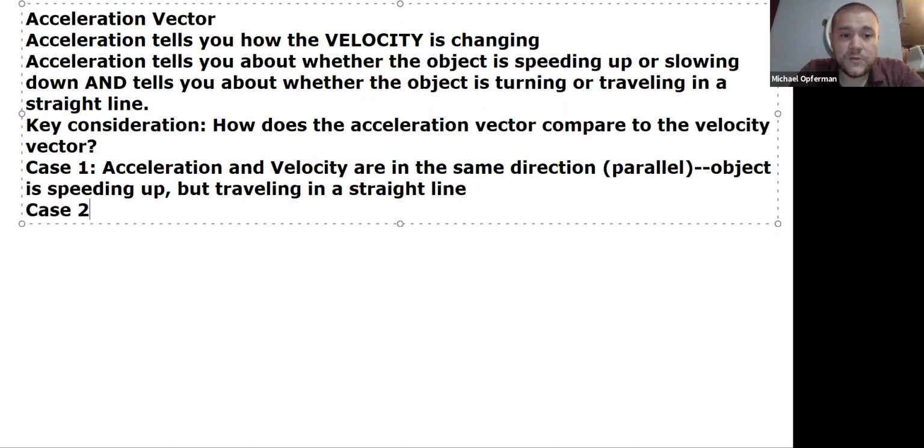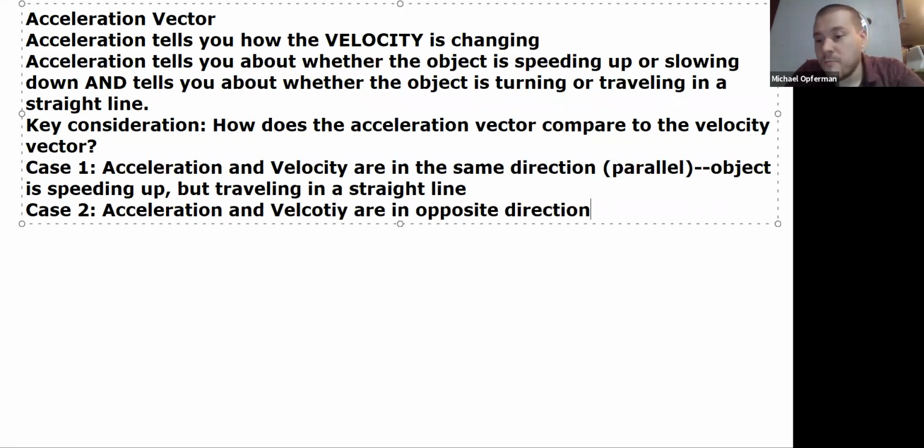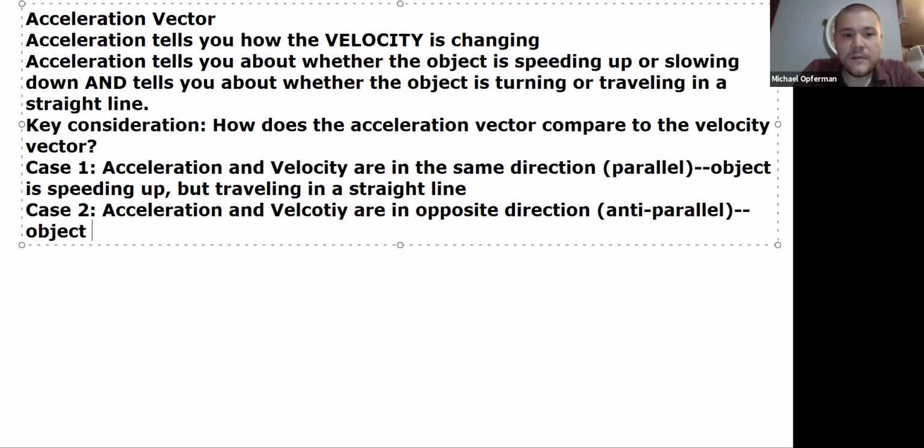Case two: what if the acceleration and velocity are in exactly opposite directions? Like one of them points in the plus x direction and one points in the minus x direction. In the language of vectors, this is referred to as being anti-parallel. In this case, the object is slowing down, but traveling in a straight line.